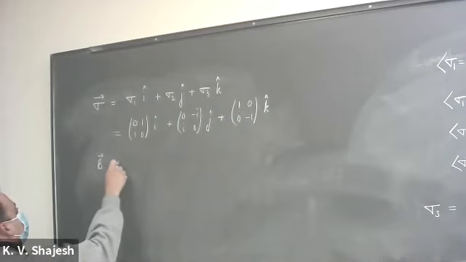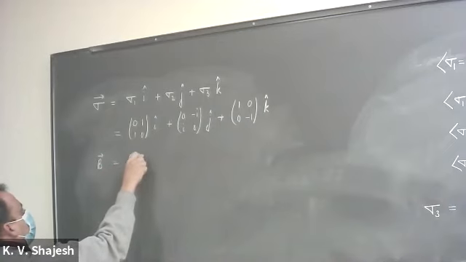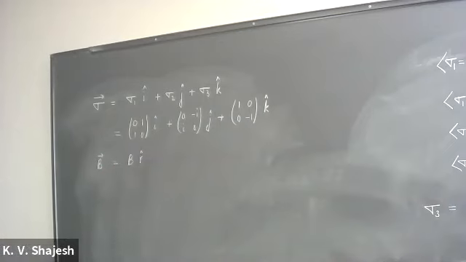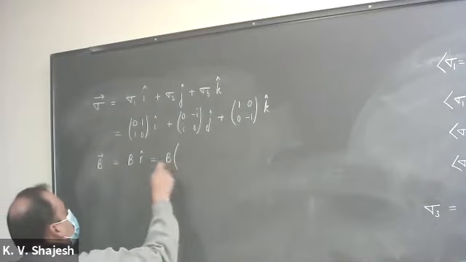So this is the magnitude B times r hat. This is a uniform magnetic field and it is pointing in the r hat direction. That can be written as B times r hat.